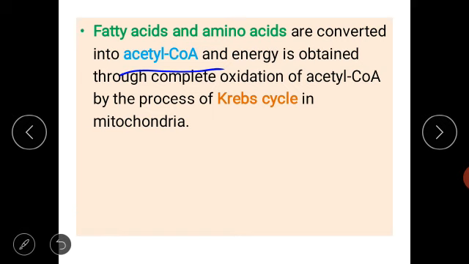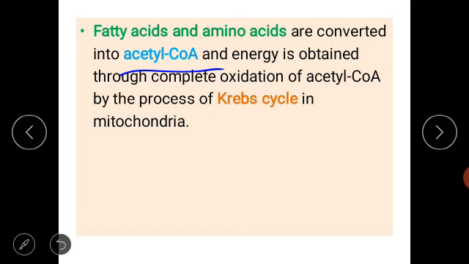The Krebs cycle and TCA cycle are not different, because these are different names of the same metabolic pathway. Tricarboxylic acid cycle, Krebs cycle, it is also called the Calvin cycle. So these are many names of the same metabolic pathway.